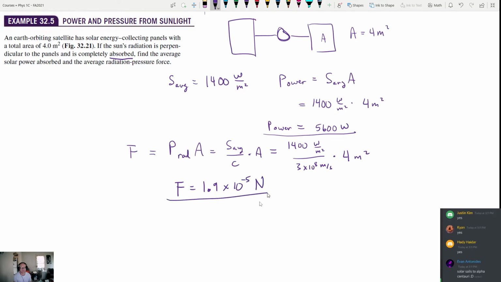Very small amount of force. And since this is a satellite, you would assume that wouldn't be enough force to kind of alter its orbit or anything like that.